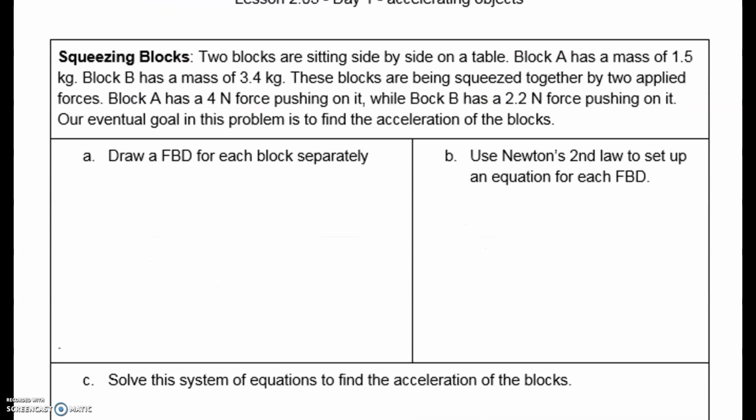So let's draw a free body diagram for each block separately. So let's start with block A. We draw a dot to represent the object. The block is sitting on a table, so one thing we always draw is the force due to gravity. That's going to be acting straight down.